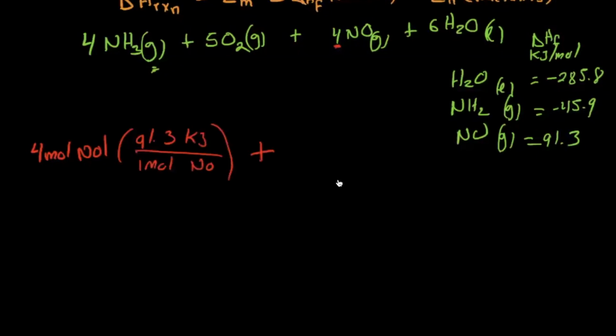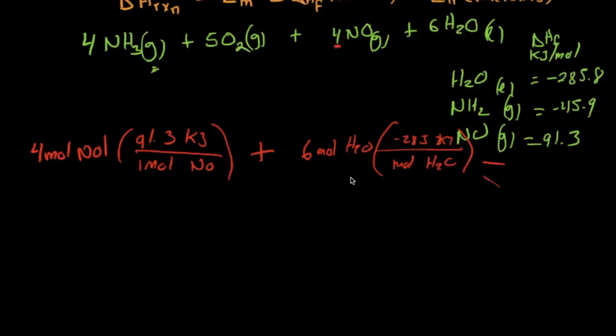I have water. So I'm going to do 6 moles of water times negative 285 kilojoules per mole of water. And that number, when you do it in your calculator, should give you, let's see what it gives you.